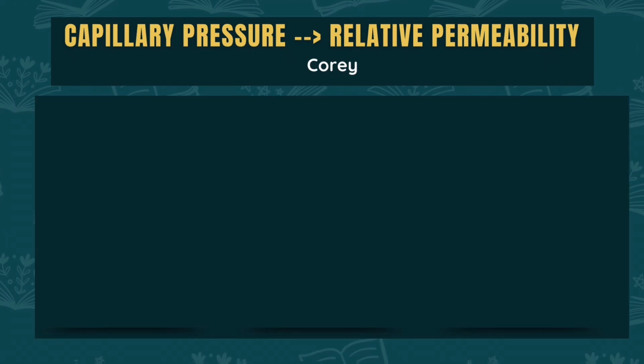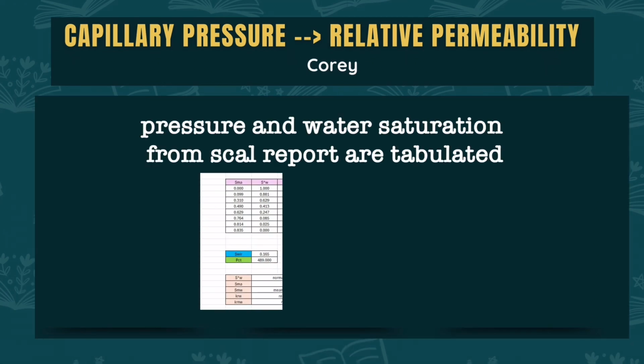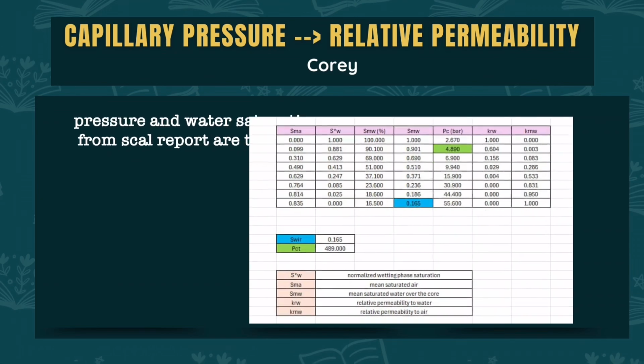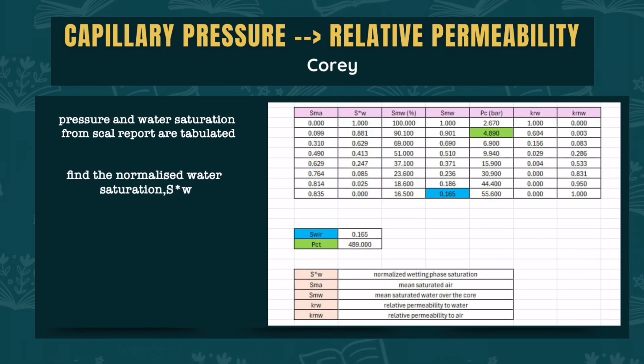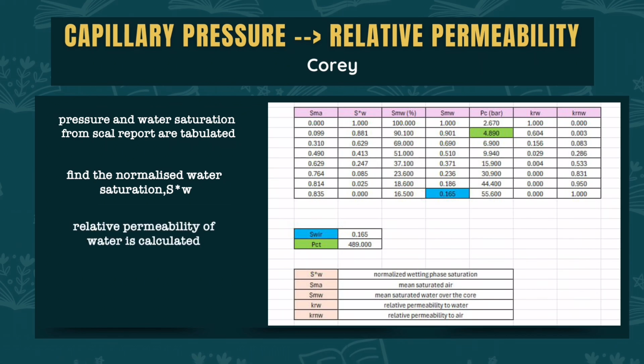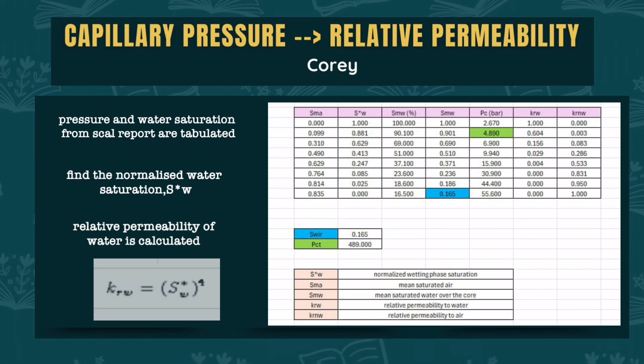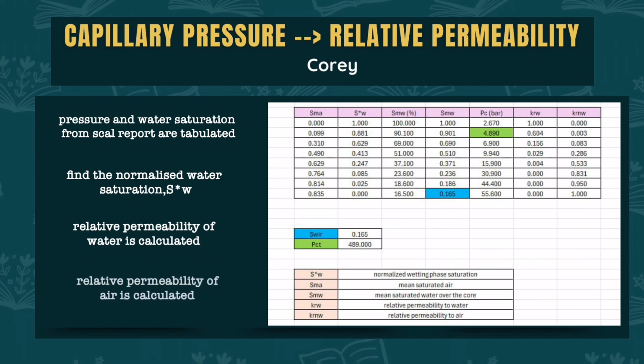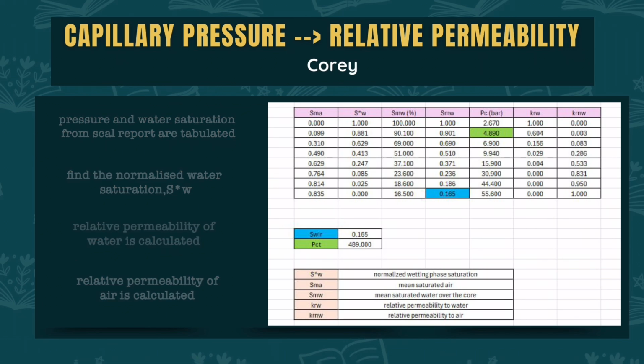Corey model. Firstly, the pressure and water saturation from the SCAL report are tabulated. Next, we find normalized water saturation by using equation 8. It gives us the normalized water saturation for the drainage curve. The relative permeability of water is calculated using equation 10, and by using equation 11, the relative permeability of air is calculated.